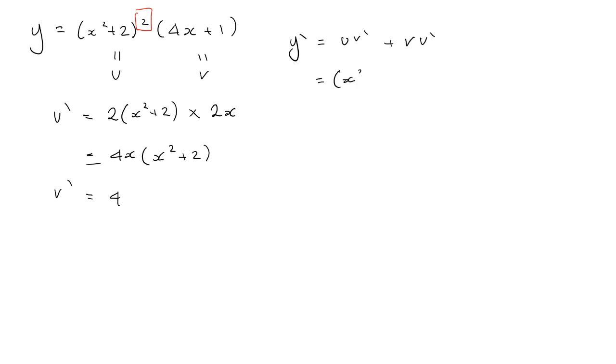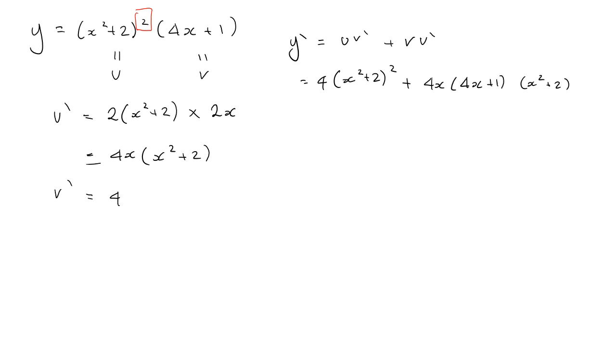Substitute, we get (x squared plus 2) squared times the derivative of v, which is 4, plus v, which is 4x plus 1, times the derivative of u, which is 4x(x squared plus 2). Okay, now let me rewrite this. That should be 4x at the front, (4x plus 1). There we go, that looks better.